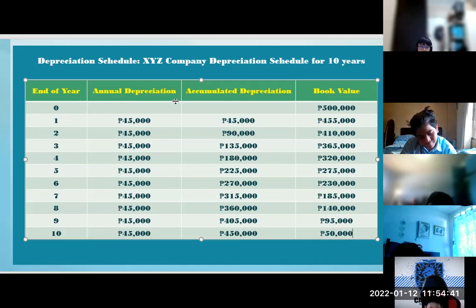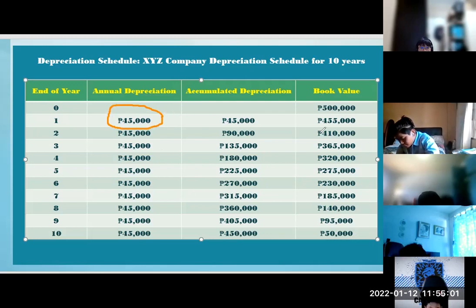This is the completed chart, or the filled-in chart, of the depreciation schedule of XYZ company. It all starts here, where the correct computation starts.